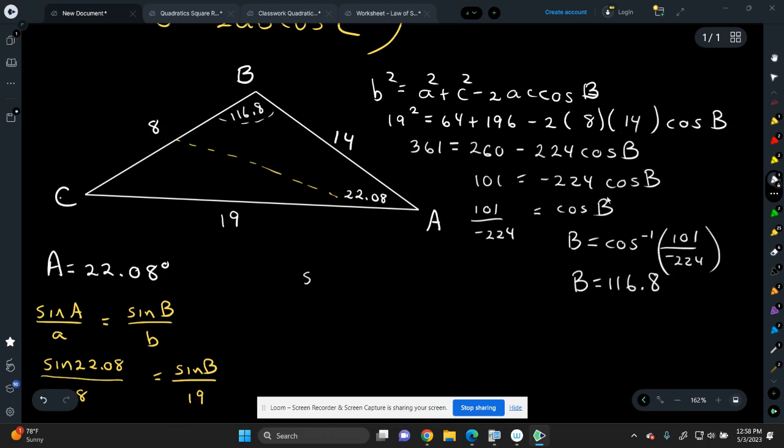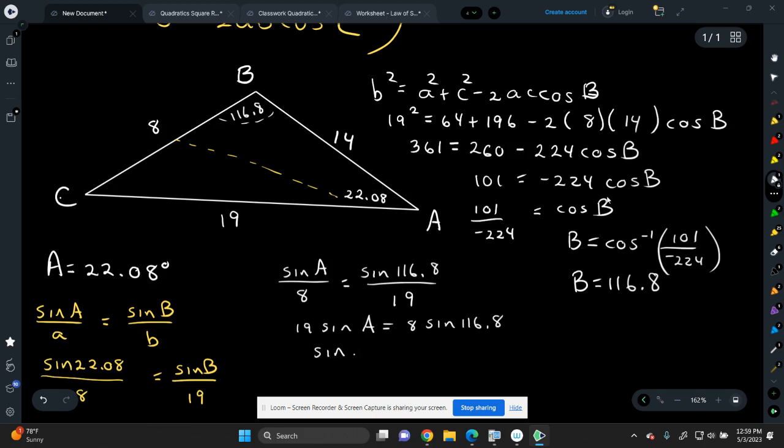So now I'm going to do sine B over sine A. Oh, I don't have to rewrite that. Okay, so that's going to give me sine A over A, which is 8, equals sine B, so sine of 116.8 over B, which is 19. 19 sine A equals 8 sine 116.8.